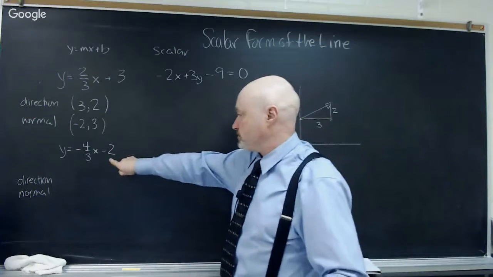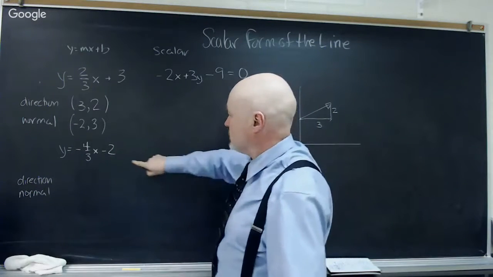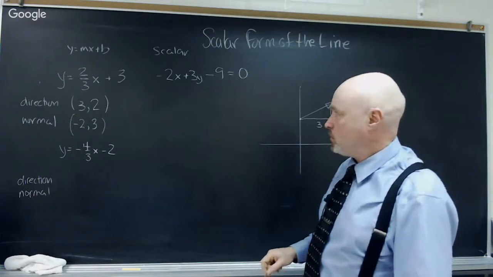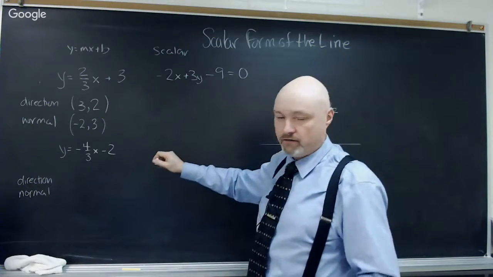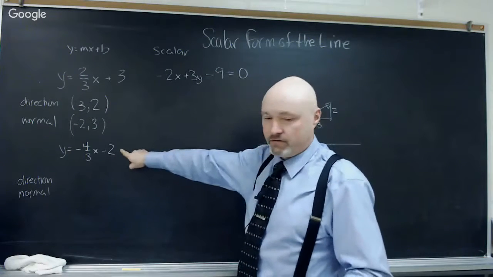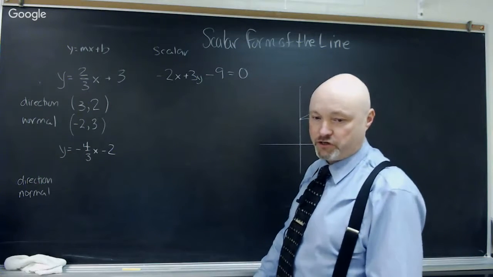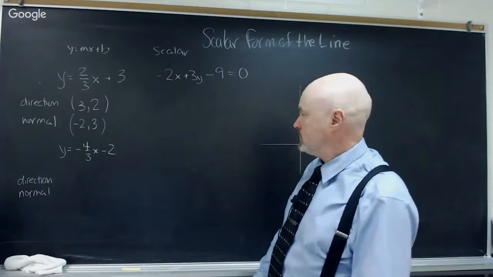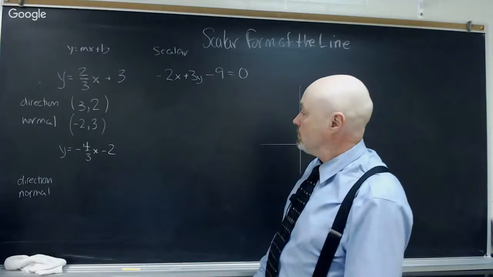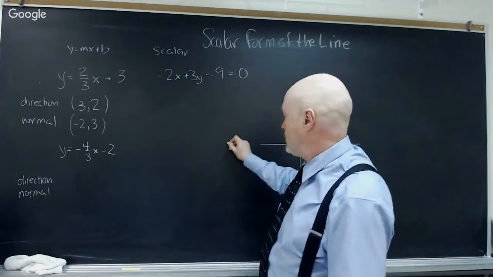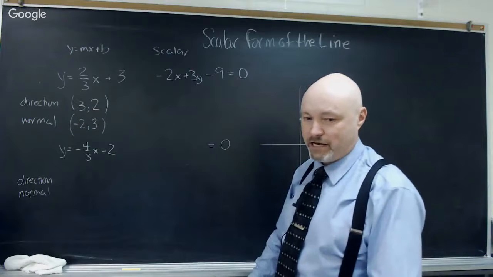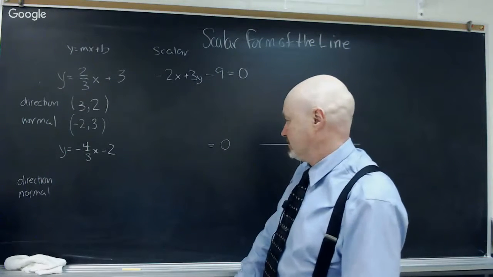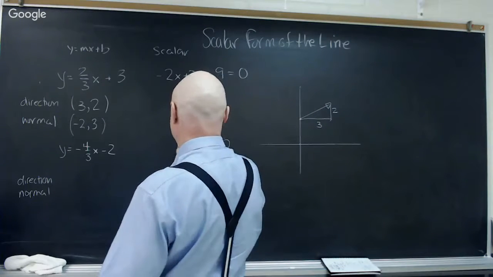So let's do this one right here. y equals -4/3 x minus 2. What is the scalar version of this y equals mx plus b equation? Oh, sorry, that would be 0 equals... start with the easy stuff. Yep, negative 3y.